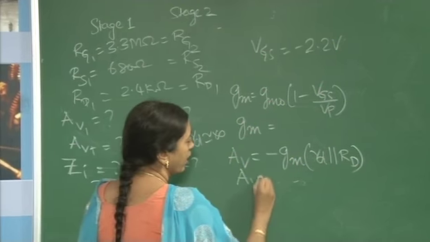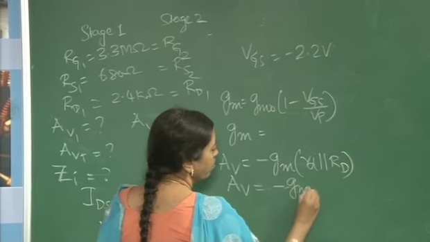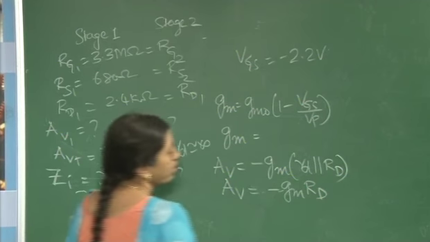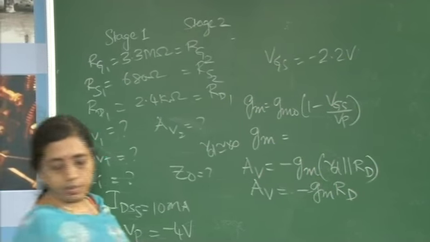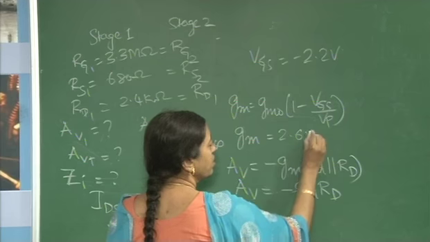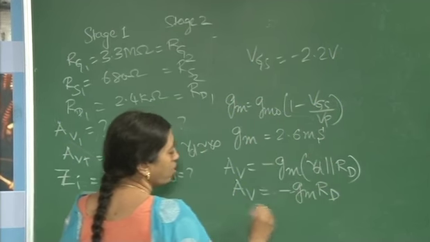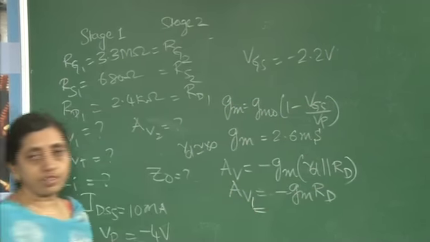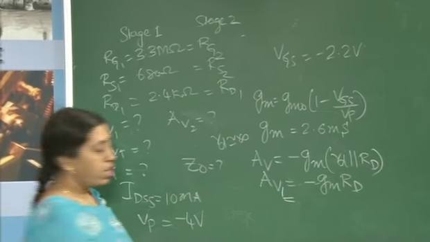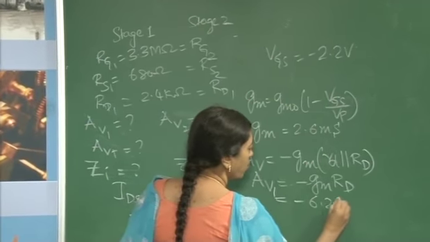So, we will get AV to be minus gm into Rd. By substituting the values, gm is around 2.6 millisiemens, and you can find out the gain of the first stage. So, this is around minus 6.24.